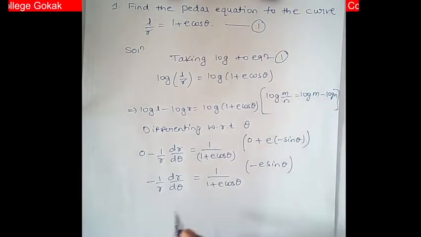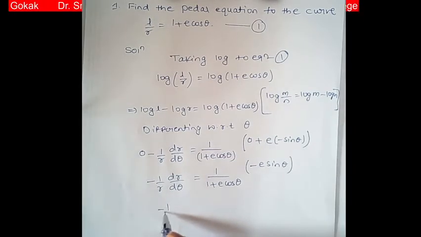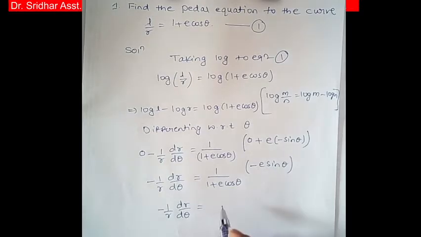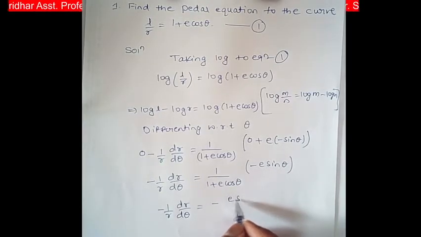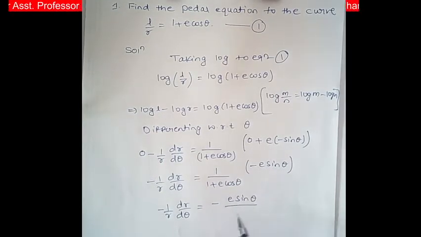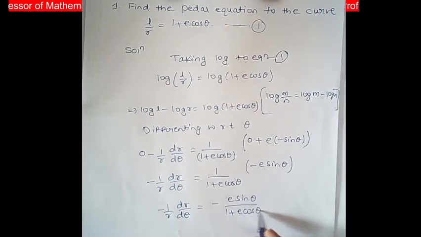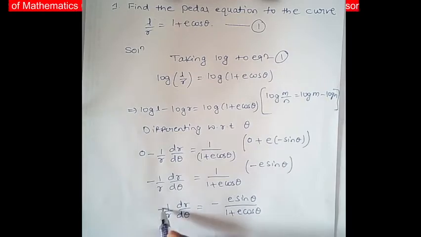Or in other words, minus 1 by R dr by d theta is equal to minus E sin theta divided by 1 plus E cos theta. So both the sides minus minus get cancelled. So this is 1 by R dr by d theta.